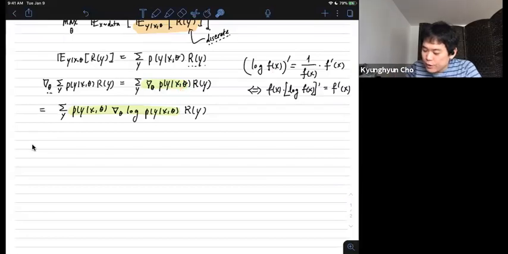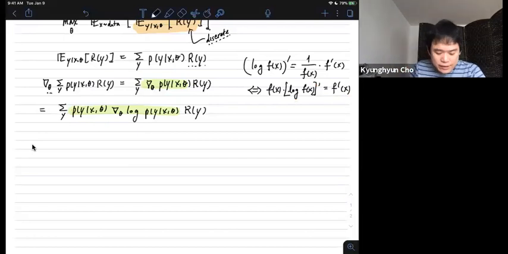Since we are looking at the derivative of p of y given x and theta with respect to theta, there is the f prime of x. We can replace this with f of x times the gradient of the log of f of x, that is, p of y given x and theta times the gradient of log p of y given x and theta.